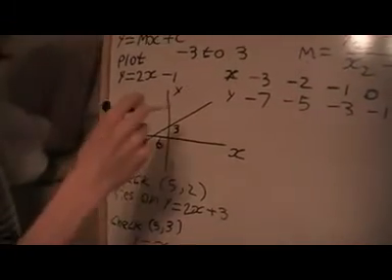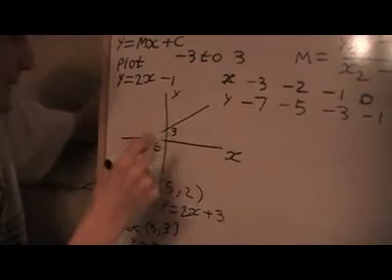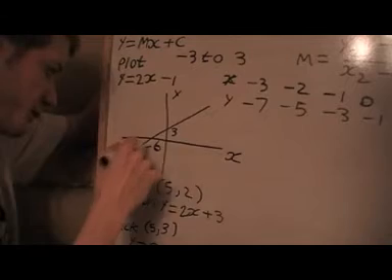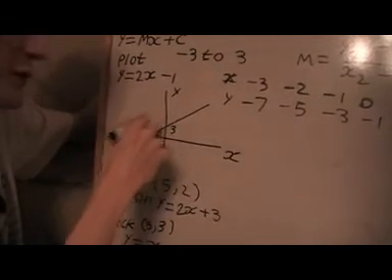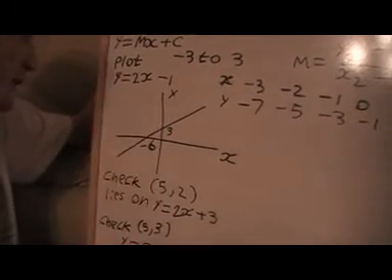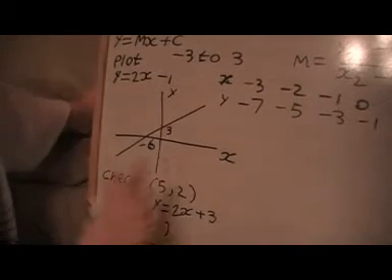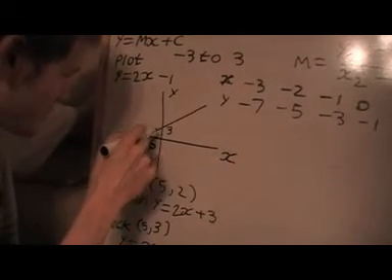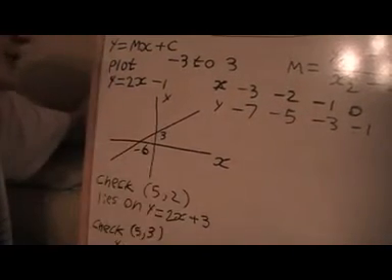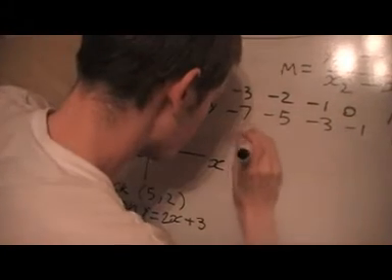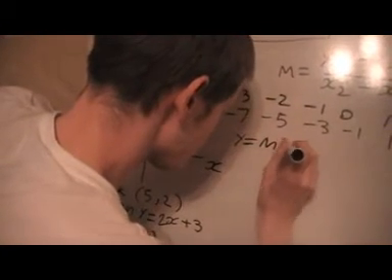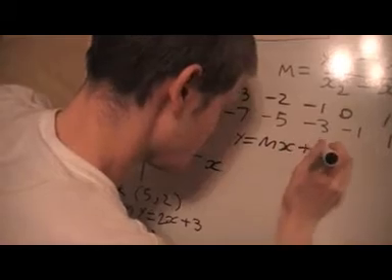Now, basically I've got a graph drawn here, and I want to figure out what the equation of this line is. We can see here that the y-intercept's 3 because that's where it crosses the y-axis, so I get y equals mx plus 3.